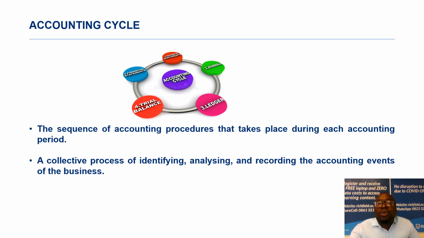So this is the core of the accounting process, where you are analyzing the transactions and putting them according to the relevant journals, and also posting them into the ledger accounts, and also preparing the trial balances up until you do the financial reporting in terms of the financial statements. Those financial statements must be analyzed and interpreted in terms of ratios.